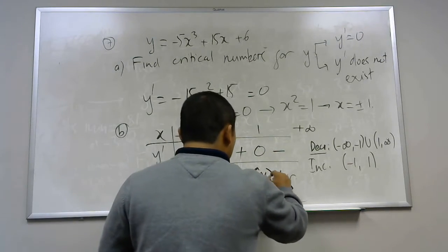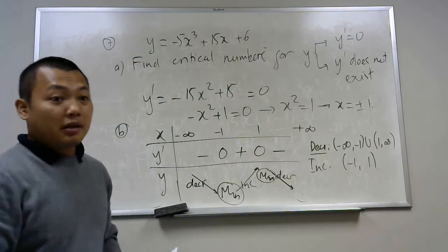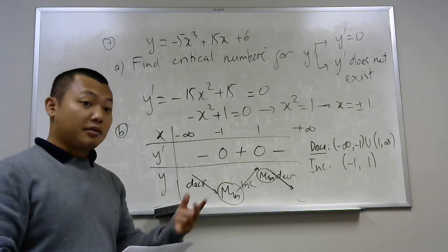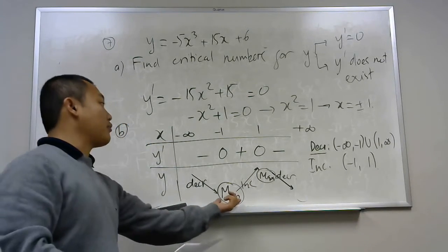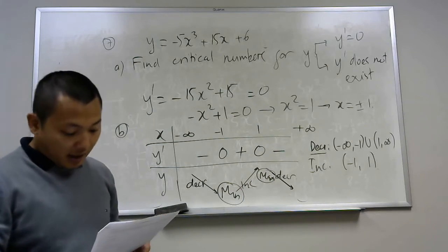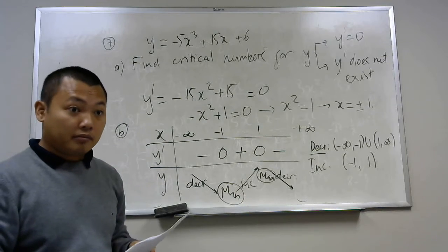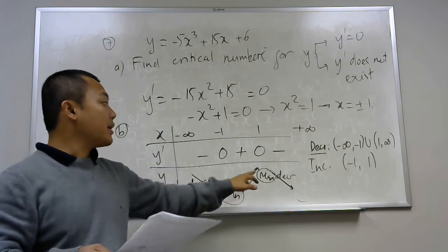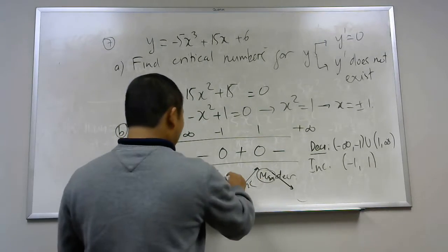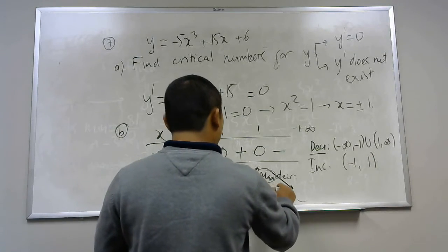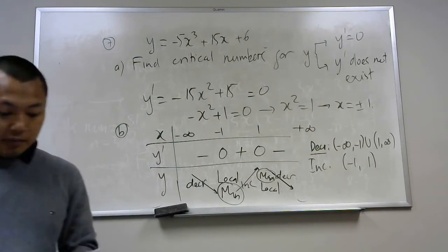And this point should be a maximum. If you did not point this out, you lost some points, at least 2 points, you know. So you have to write here minimum, here maximum, because they ask you to identify the relative extrema. So that is a local minimum and this is a local maximum. Yeah, we finished this problem.